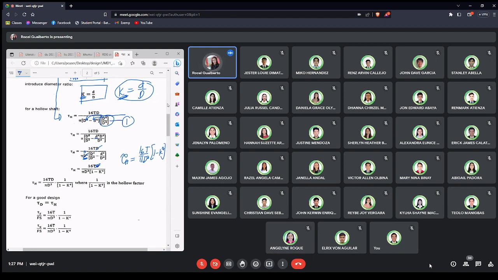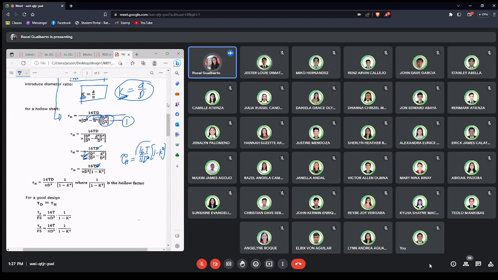Okay? Nasundan po ba? Yes po, ma'am. Okay? And you look at this part po. Okay? 16T over pi D cubed. Di po ba, this is tau of your solid. 16T over pi D cubed. I-multiply mo lang po siya ng 1 over 1 minus K to the fourth.